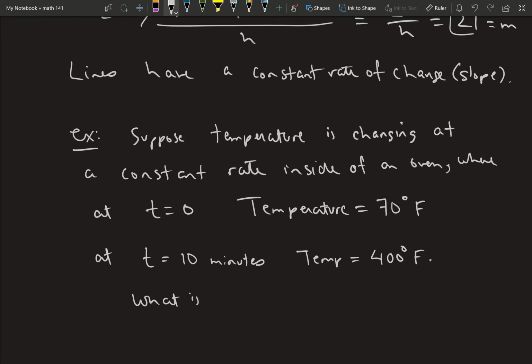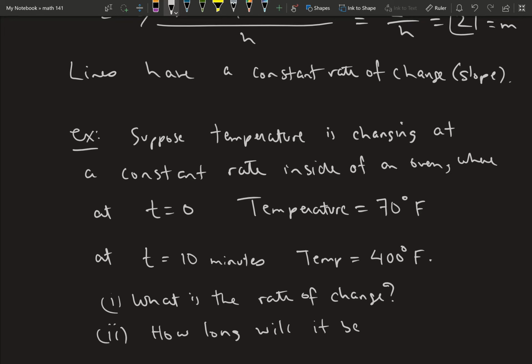So two parts: what is the rate of change? And part 2, how long will it be before it reaches, say, 500 degrees?